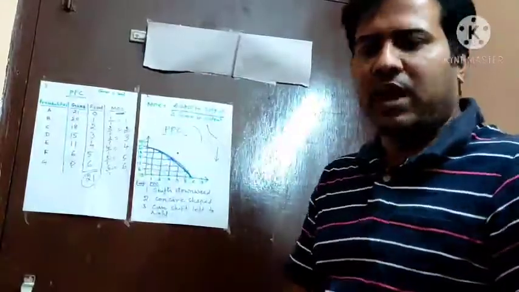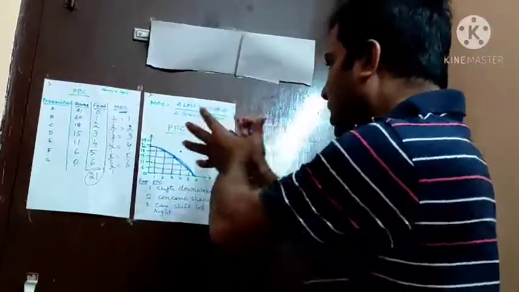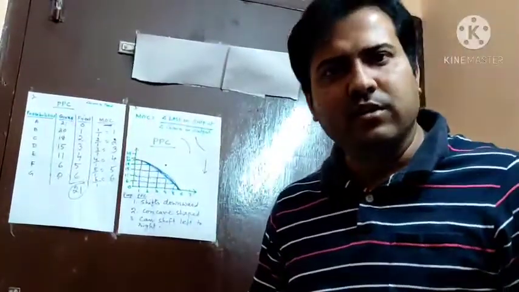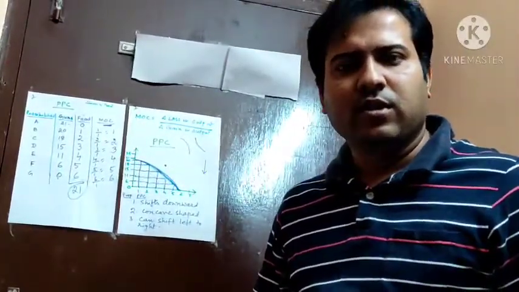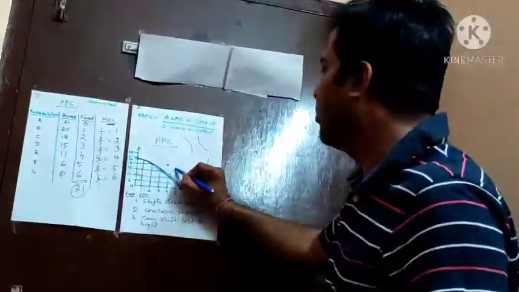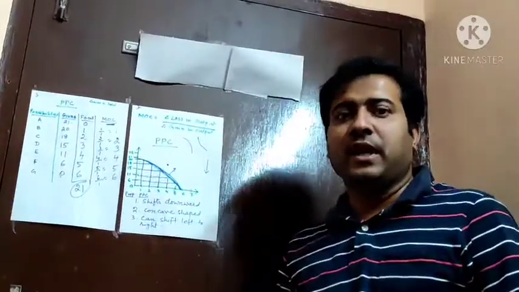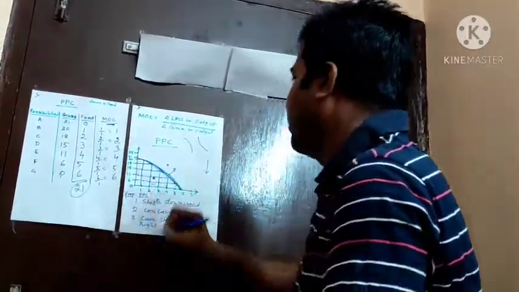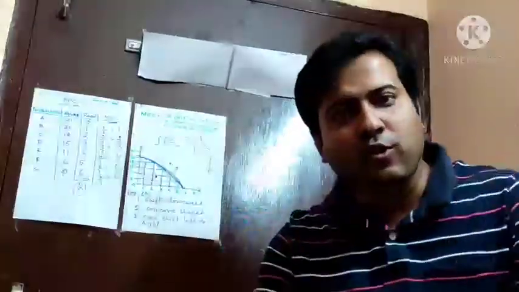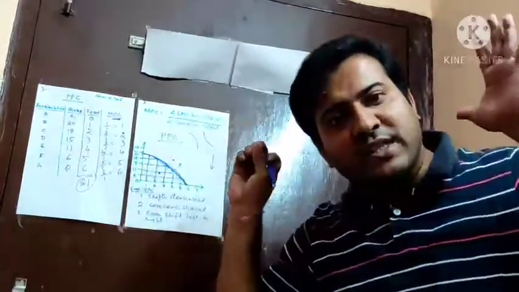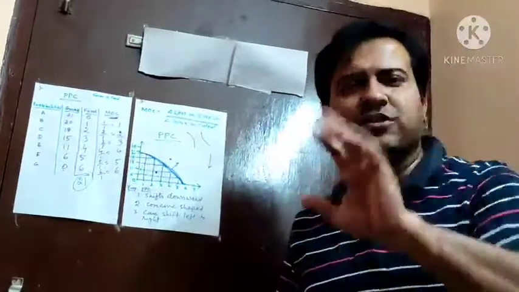If I want a few more guns, I have to increase the resources also. If I increase the resources, then obviously the production possibility curve can move to the right side. And if the production possibility curve comes to the left somehow, that means there is low production. That means whatever resources I gave as input, the output is not coming.